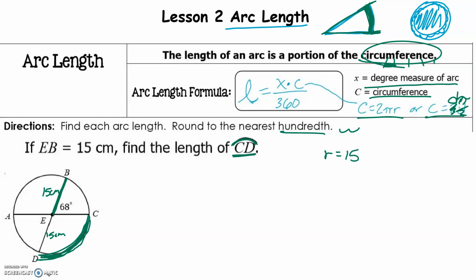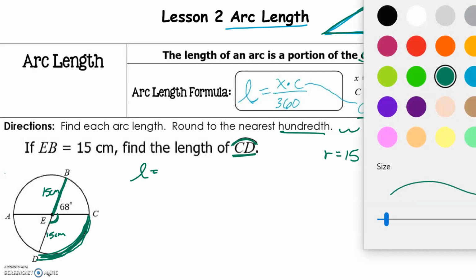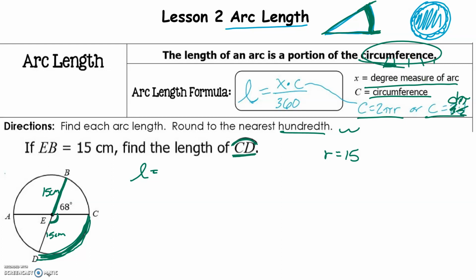Okay, well, let's go ahead and write down our formula for arc length. So it started off with that fancy L. Yes, that's an L. Okay, and then X represents the degrees of the measure of this part right here. I don't have that right now, but what I do know is that this measure is 68, and there's a diameter here, BD. So since there's a straight line and I know this measure is 68, I can go ahead and take 180 and subtract 68 degrees, okay?